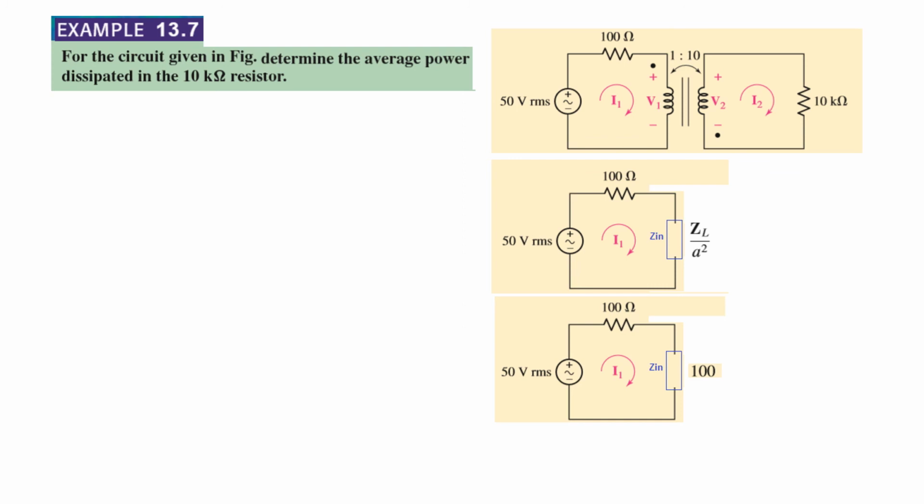This is the same example that we did earlier, that the turn ratio is 1:10, that means A is 10. So A square will become 10 square, and ZL is 10K. So 10K divided by 100 will give 100.